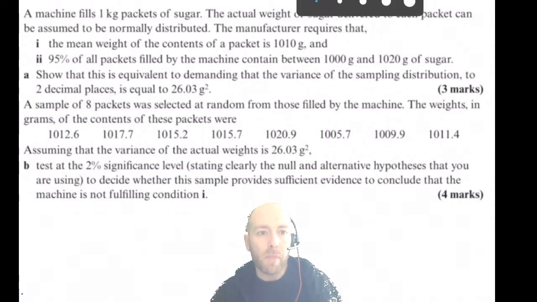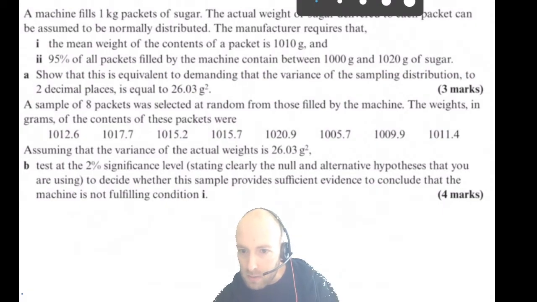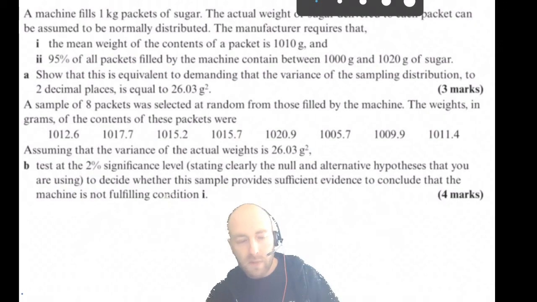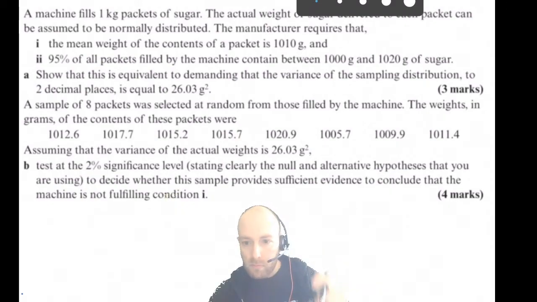Okay, so part one. A machine fills 1 kilogram packets of sugar. The actual weight can be assumed to be normally distributed. The manufacturer requires these conditions. We're told that 95% of all the packets filled by the machine are between 1000 and 1020.